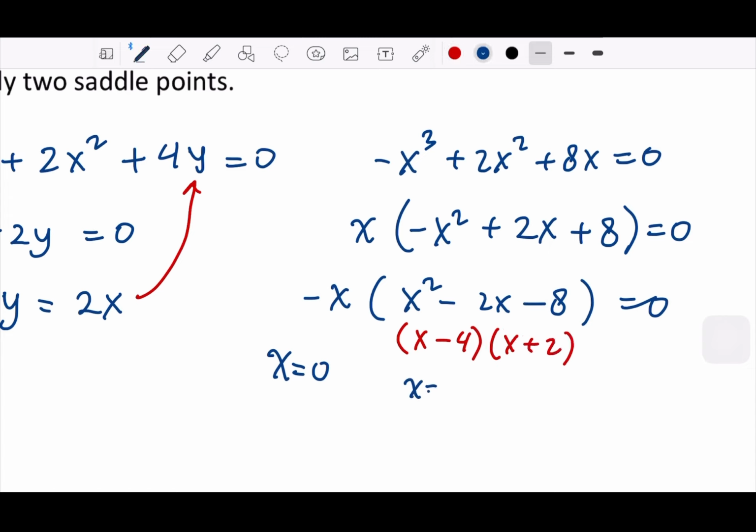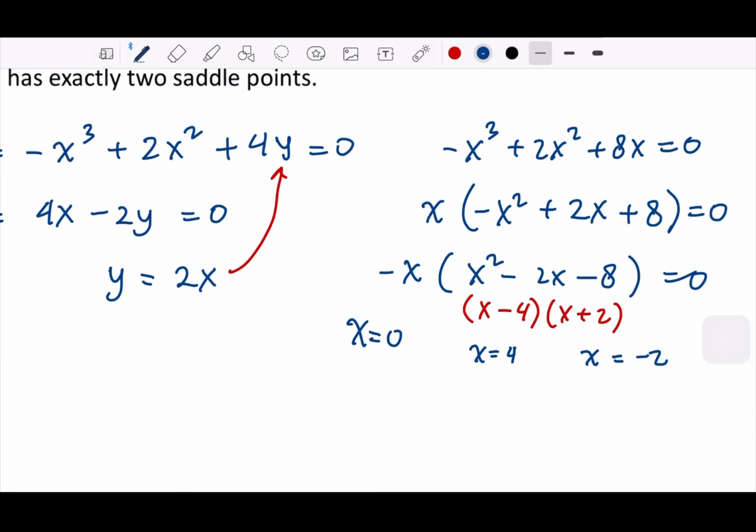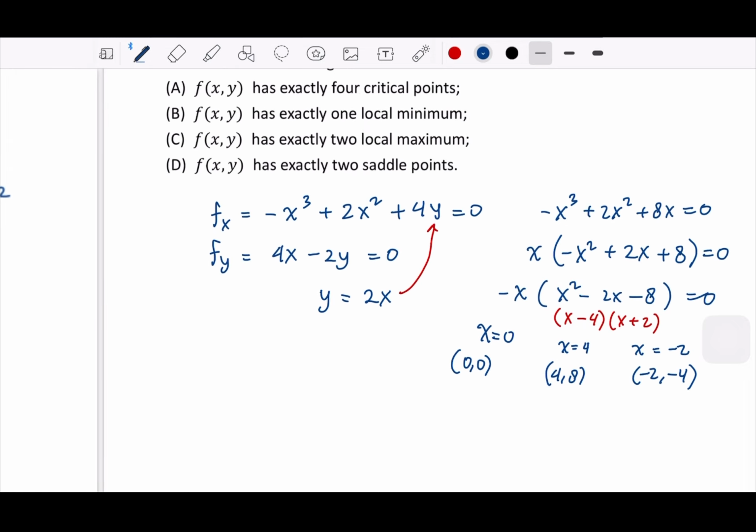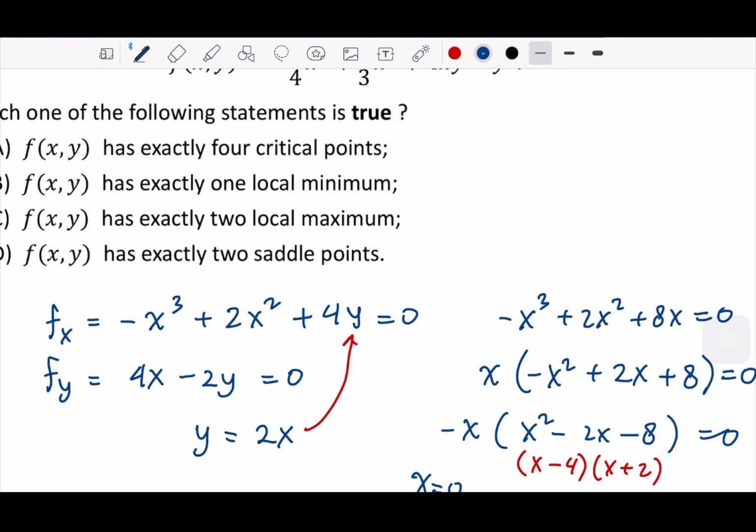So x equal 4, and then x equal negative 2. So we have 0, 0. We have 4, 8, and we have negative 2, negative 4. Okay, we have 3 critical points. So of course, it's not 4, but it's 3.